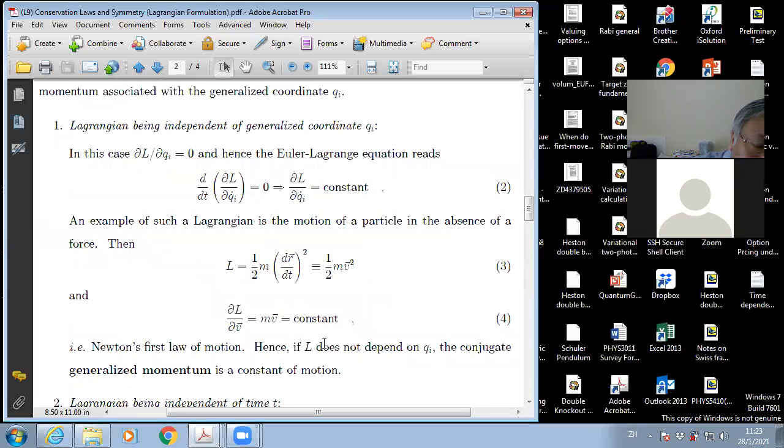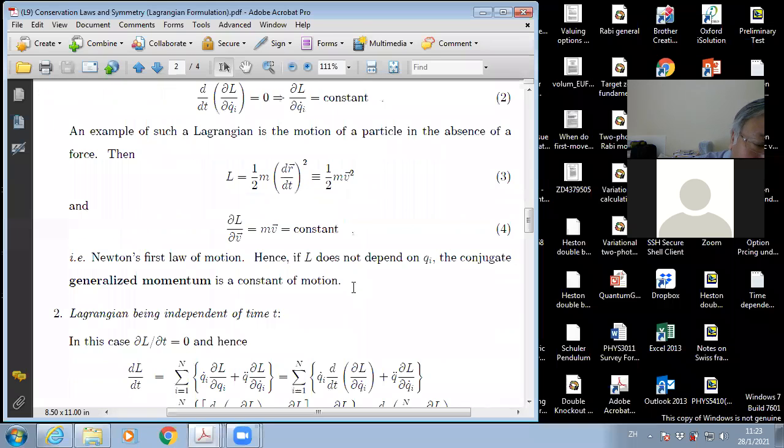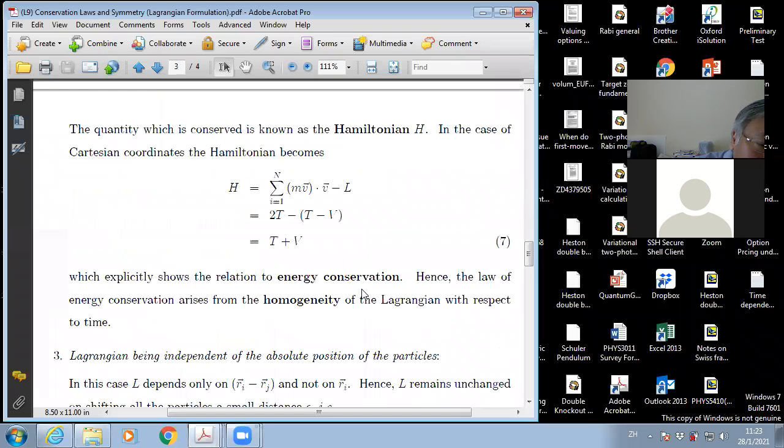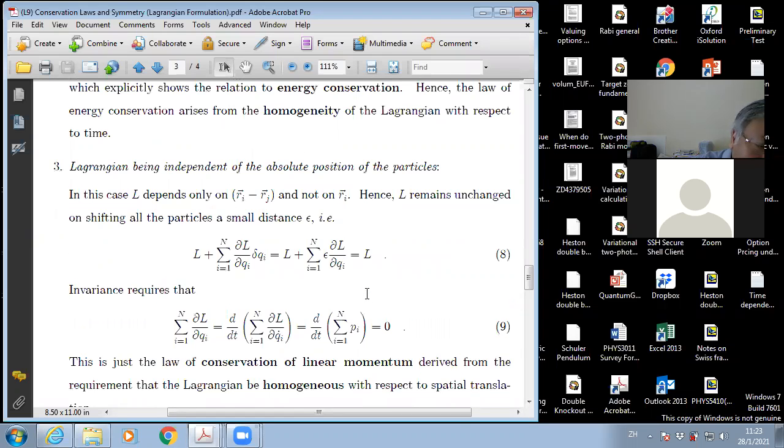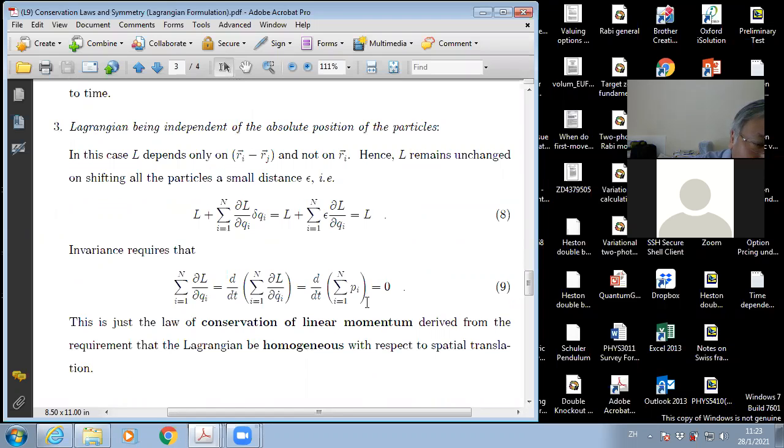Independent of generalized coordinates, then we have a conservation of generalized momentum. Right? Lagrangian independent of time will give you conservation of energy. Lagrangian being independent of the absolute position of a system of particles, in other words, the Lagrangian depends only on relative distance, relative coordinates, then we will have conservation of total linear momentum of the system, all right.